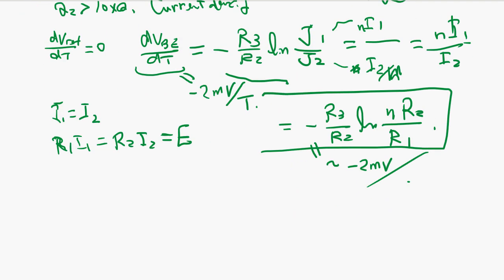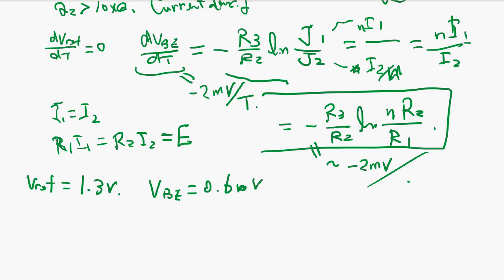So how do we do that? We have to do some kind of trial and error. So somewhere around, say, Vref is about 1.3 volt, and the VBE is 0.6 volt.